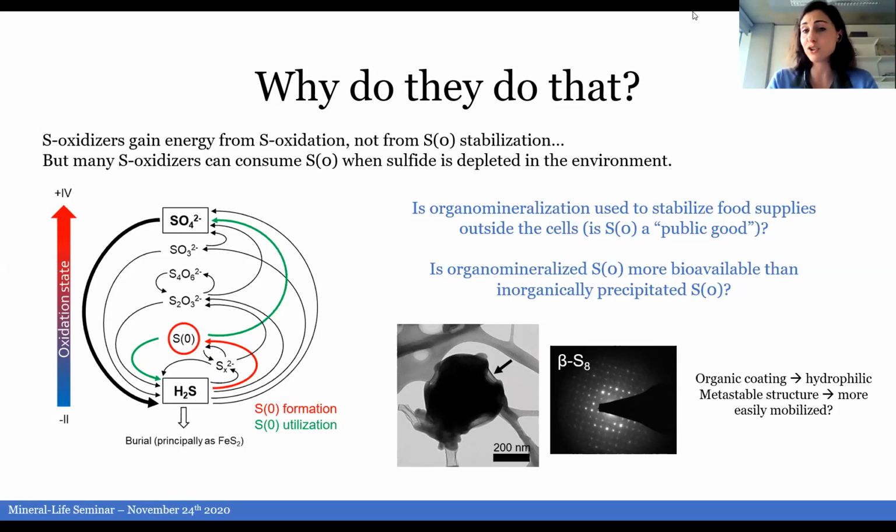So maybe this is a function of the organic envelope. It makes it easier for the cells to attach to it and mobilize it. And it's also reasonable to think that the metastable crystal structure could also serve this function of bioavailability by making it a little bit more easily dissolved. So I'm hoping that I can test all these hypotheses in the lab.